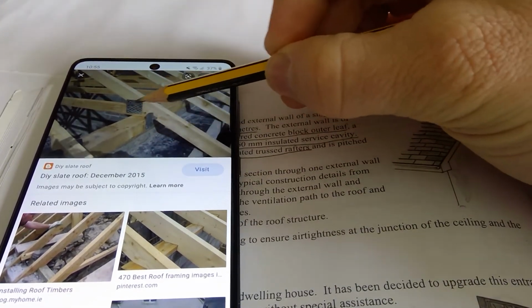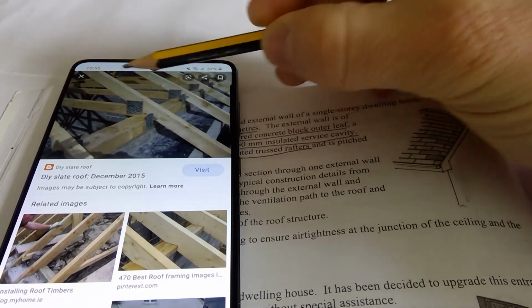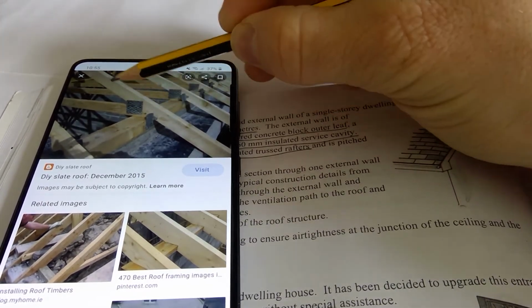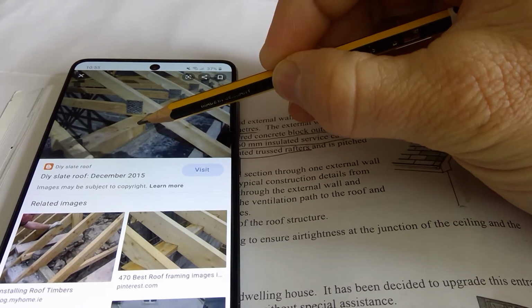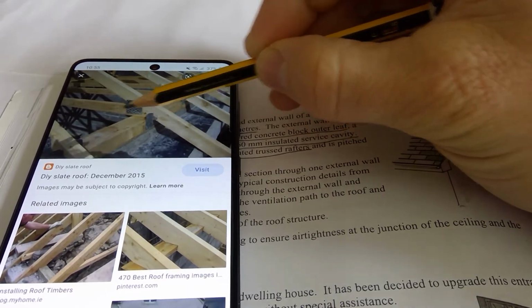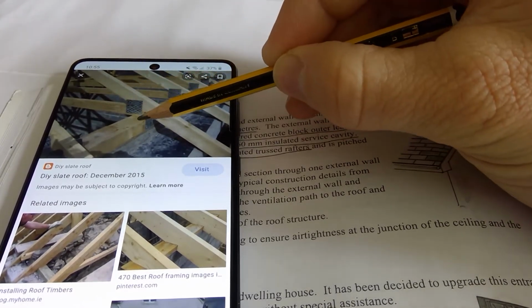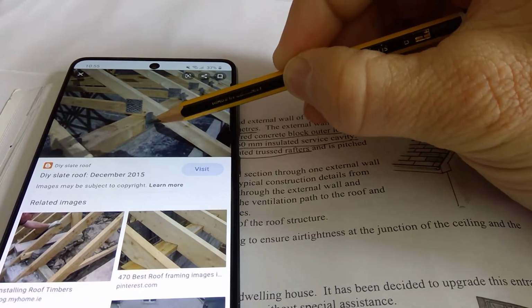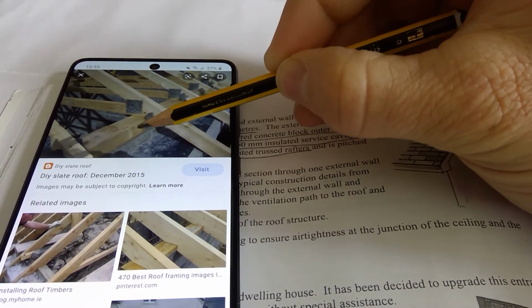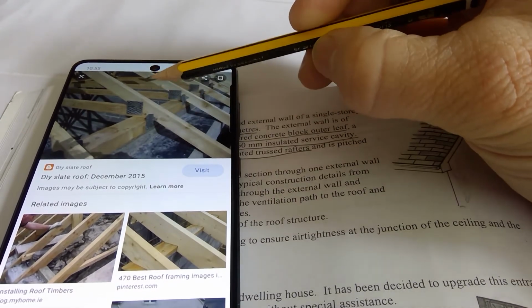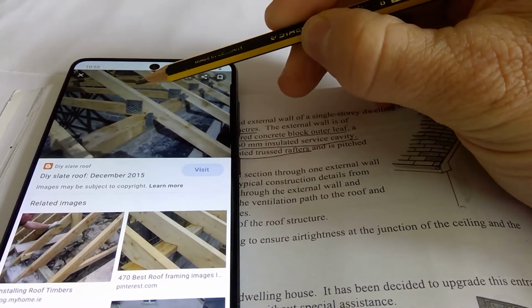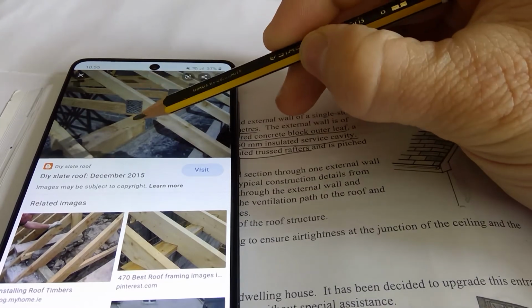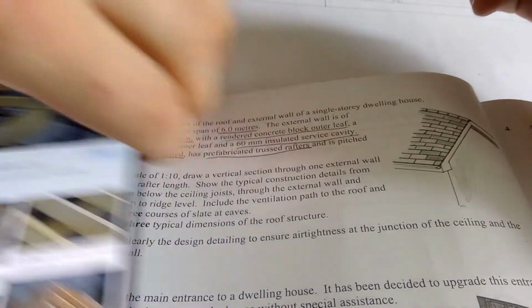These nail plates, by the way, are used to hold those pieces together. You'll see here the rafter of the truss is not cut in with a bird's mouth to the wall plate. It just rests. So the trusses actually just rest on the wall plate and they're held together with these little ties that are nailed to the truss and nailed to the wall plate. But just when you're drawing this eaves detail, you do not cut the rafter into the wall plate.